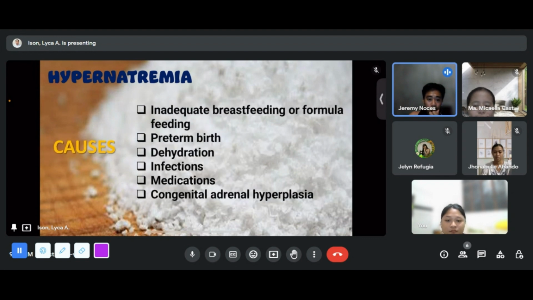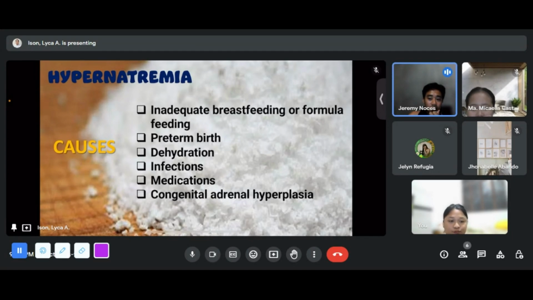So, these are the causes of hypernatremia in neonates. Inadequate breastfeeding or formula feeding. So, dito, in-advise natin si mother to breastfeed their child 8 to 12 times in 24 hours to have plenty of fluids in their body and to avoid dehydration. Preterm birth, dehydration, infections, medications, and we have here congenital adrenal hyperplasia.